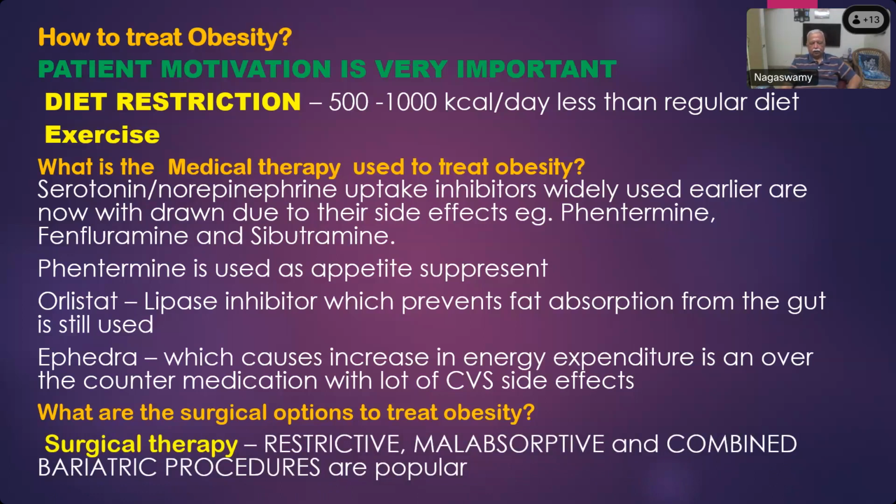One of the indications nowadays for bariatric surgery is to cure their diabetic state also. Patients who lose weight after bariatric surgery have their diabetic state very well reversed. Patients who become very severe diabetics, who do not respond to even insulin injections because of obesity, get cured of their diabetes if they lose weight after bariatric surgery.